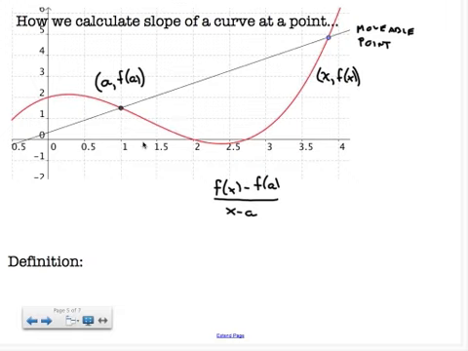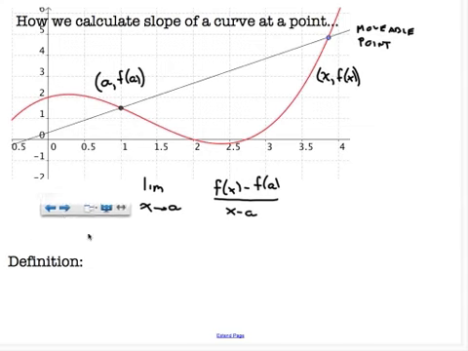By doing that, I make the curve look like a line, and the line and the curve become just about the same thing. So how do we do that? Well, we need to make the x value of this dot get very, very close to a. In other words, we need x to approach a, and the mechanics we have to do that in calculus is the limit.